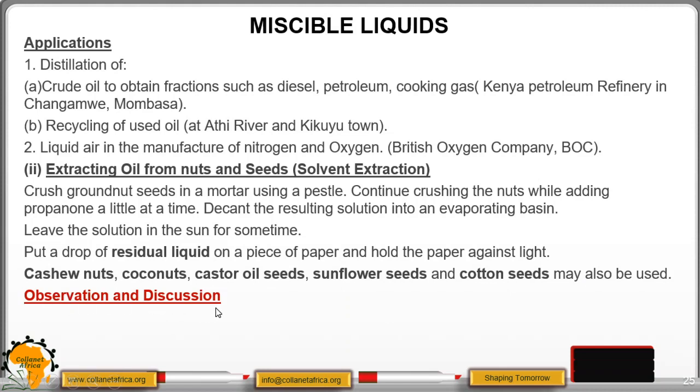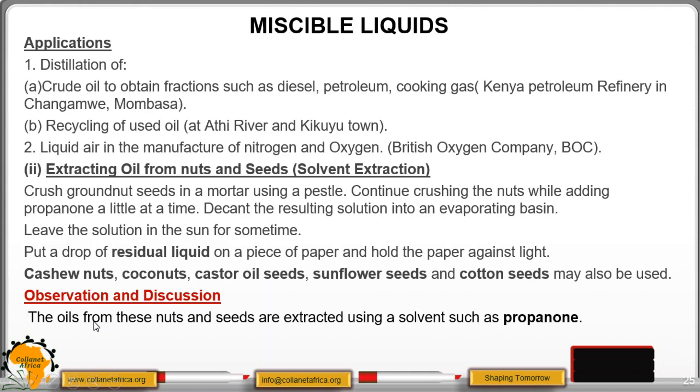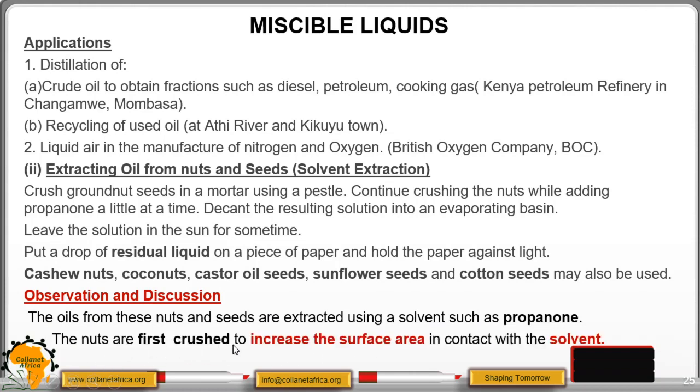Observation and discussion on solvent extraction. The oils from these nuts and seeds are extracted using a solvent such as propanol. The nuts are first crushed to increase the surface area in contact with the solvent. And the solvent here is propanol.